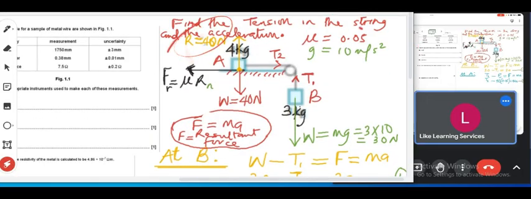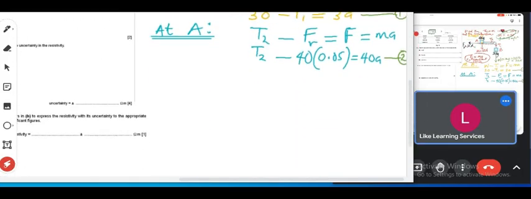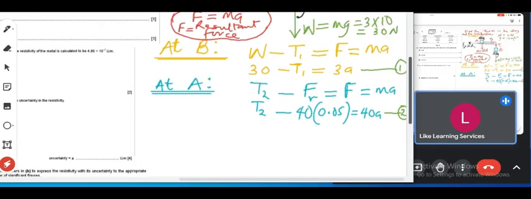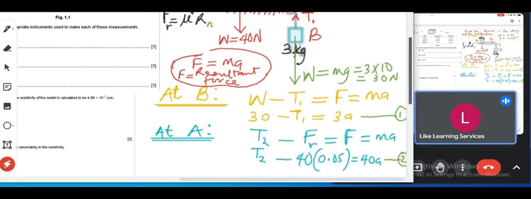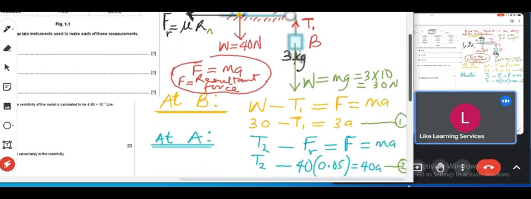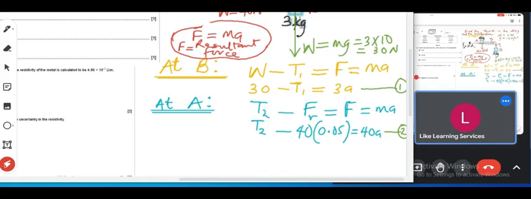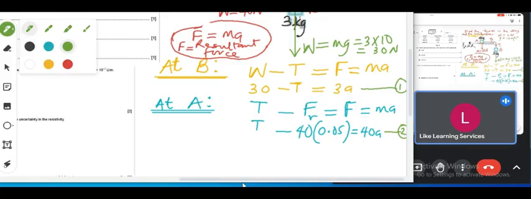So we have two equations we can solve. Remember, it's inextensible, so T2 is equal to T1. We may as well forget about the T1s and just call it T. So just solve equation 1 and equation 2. Let me simplify equation 2 so that we can solve.